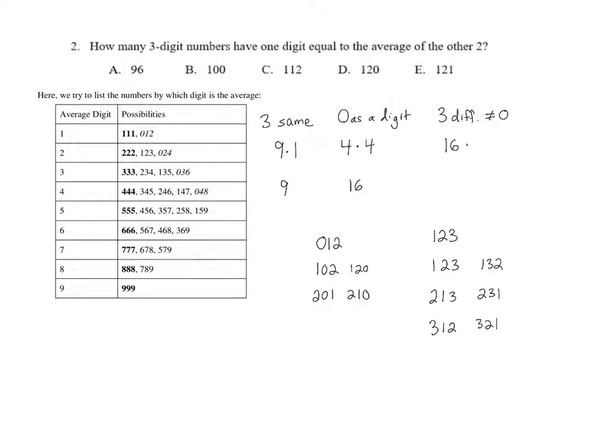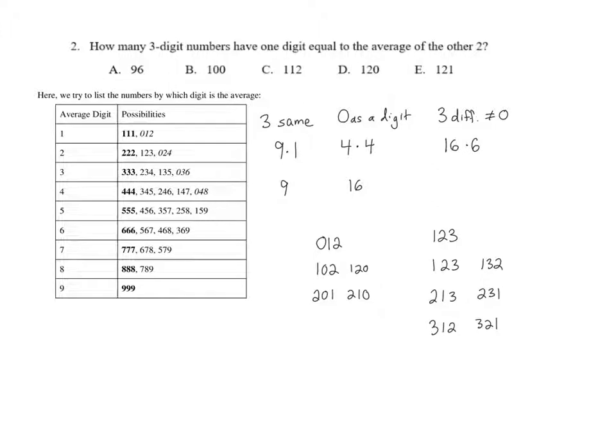That gives us 6 different permutations for each of those sets of digits. The same thing would be true with any of the others. If we looked at 258, for example, we'd have 258, 285, 528, 582, or 825 or 852. So we've got 6 different possibilities for each of those.